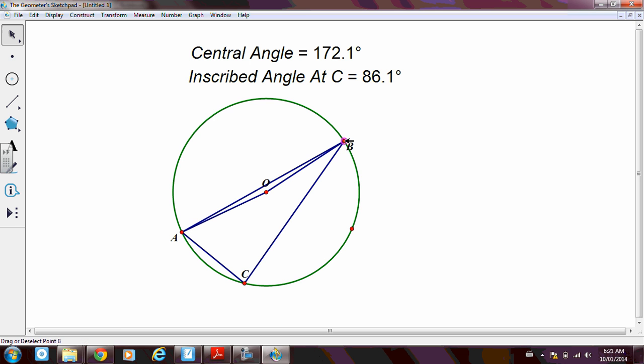Now, one interesting thing that we just went through here, this is one of the other rules that I haven't yet shown.